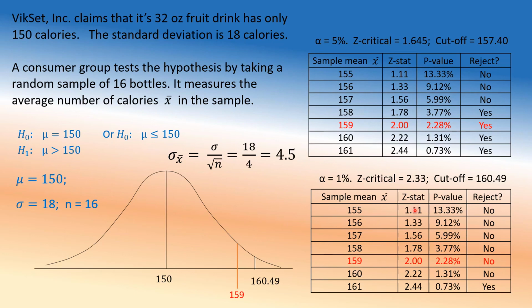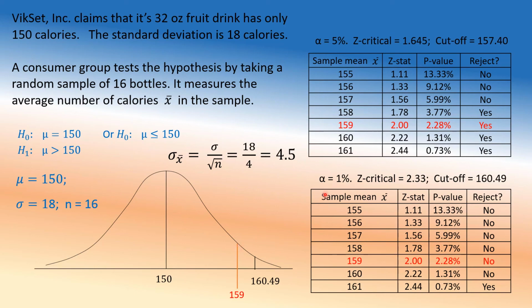So now at 159, at 5%, the company was wrong. They are putting in more calories. The consumer group could put a report in the magazine: based on our study, we found that the company is putting in more calories than they advertise, because we reject the null hypothesis. It's on this side here.